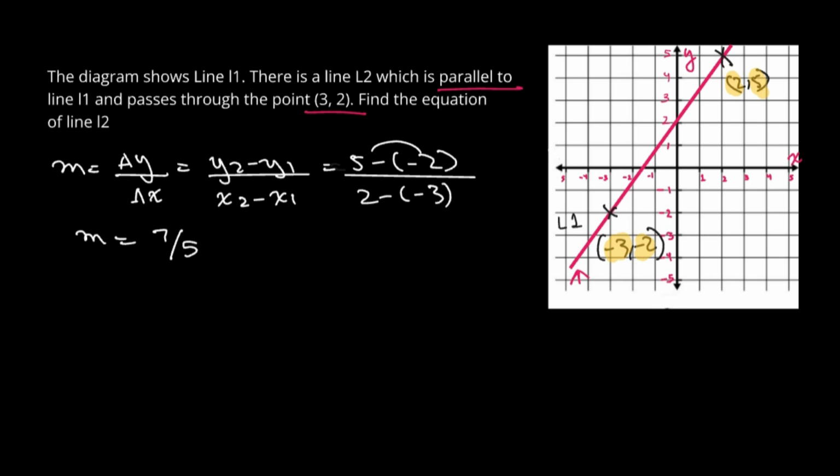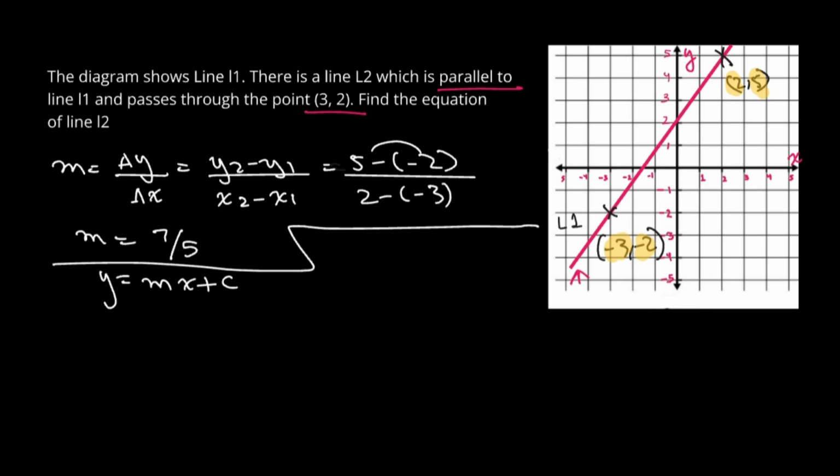Now this is the gradient for line L1, which will be the gradient for line L2 as well. Now for the line L2, you'll have the equation y equals mx plus c, where m is the gradient and c is the y-intercept. The gradient for line L2 would be 7 over 5, just like line L1. So y equals 7 over 5 x plus c. Now to find the value of the y-intercept for line L2, you need to use the coordinates (3, 2), since the line L2 is passing through the point (3, 2).